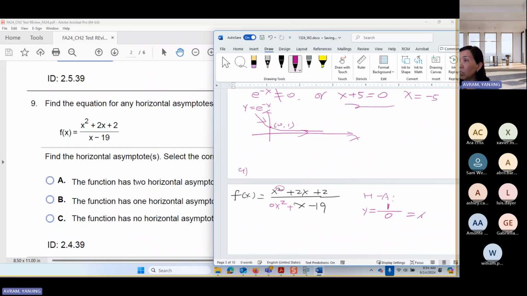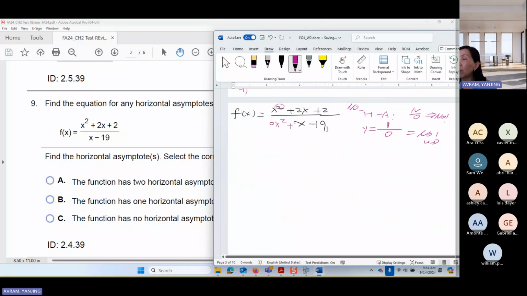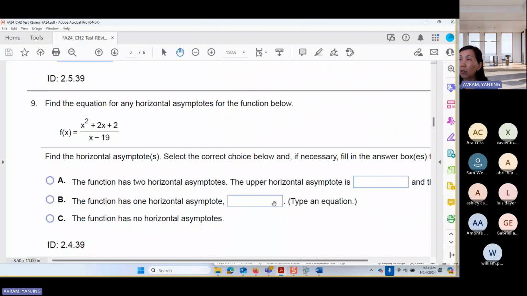And remember, a number divided by 0 is undefined, all right? So what does undefined mean? That means there's no horizontal asymptote. So you can use the same degree for the 3 different types of situations, or you can just remember all 3 little details of the horizontal asymptote. All right, questions?